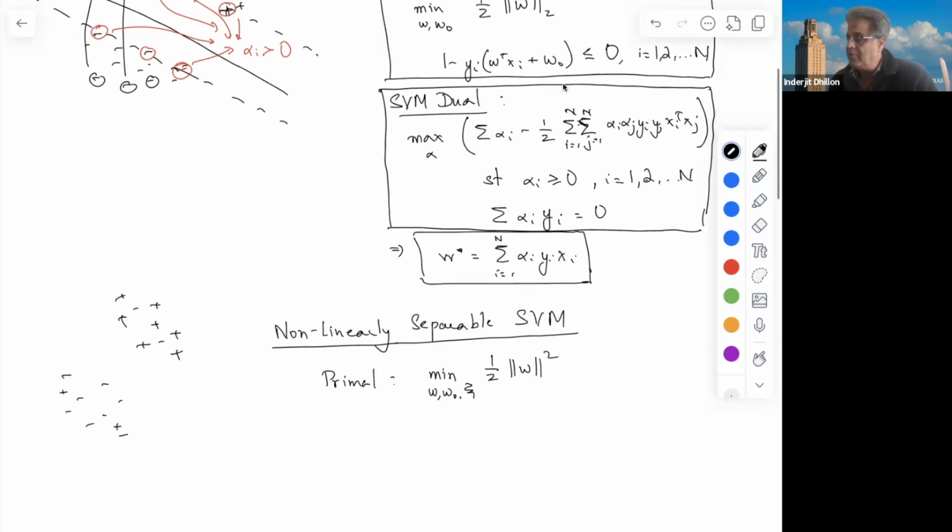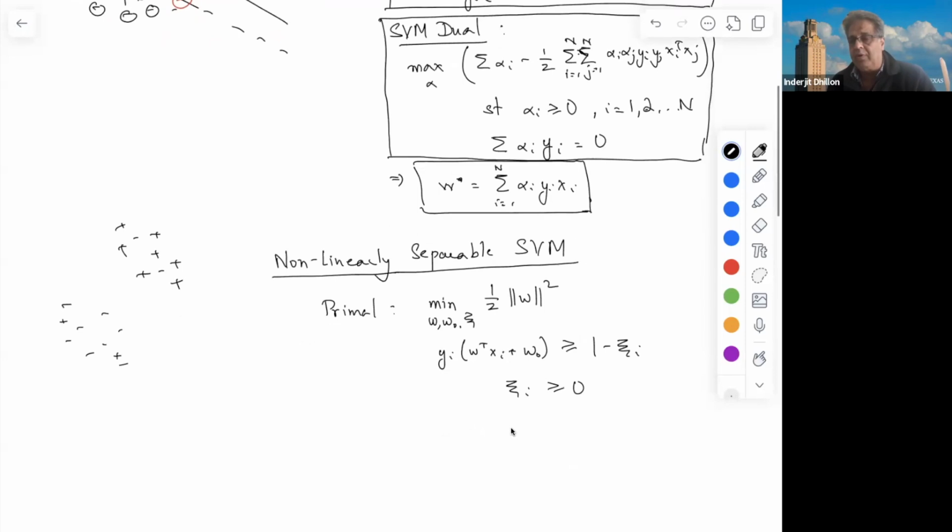What do I mean by up to psi? When we said it has to be on the other side of the margin, yi (w transpose xi plus w naught) greater than or equal to 1 has to hold. This is how we got the primal SVM. Now we'll say it's 1 minus psi i, and the psi i's are greater than or equal to 0.